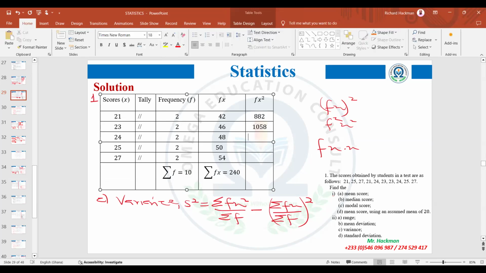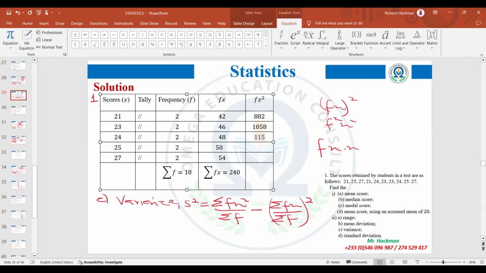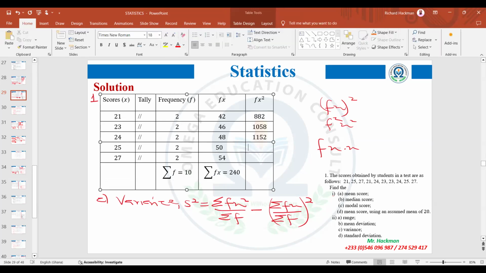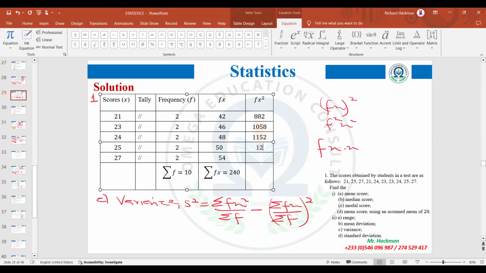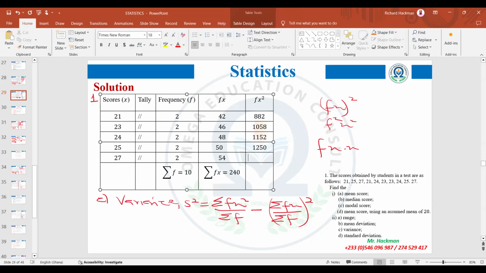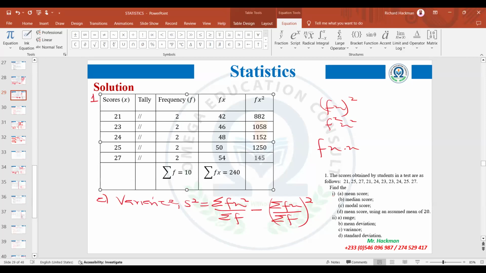Okay, mention it in terms of digits. 1152. Okay, if she's right, I'm also right. Please make sure you also verify, because if one of them is wrong, we are doomed. 1250. Okay, all right. Then the last one, 1458. Okay, so this is what we have.